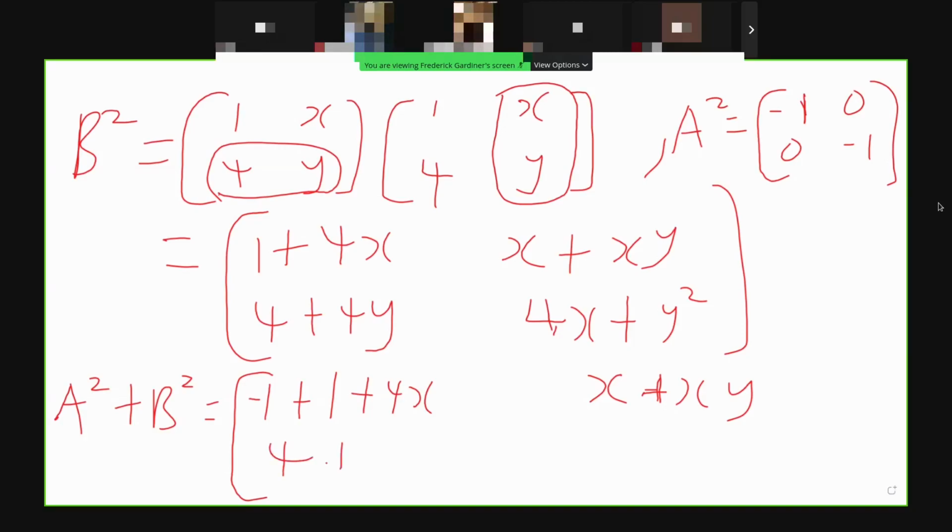It remains 4 plus 4y. Then I'm going to add -1 to 4x plus y squared. So that is the left-hand side. Please, are we okay? Okay, so you have a squared already there.